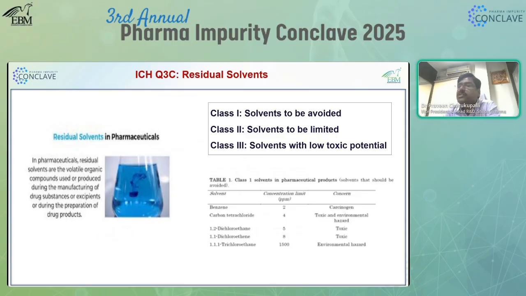Class 1 solvents are to be avoided, and class 2 solvents are to be limited, because the PDEs of these solvents are very low, so we have to use these solvents in limited amounts. Class 3 solvents have a low toxic potential, and we can use them and control them as per the ICH Q3C residual solvents limits.